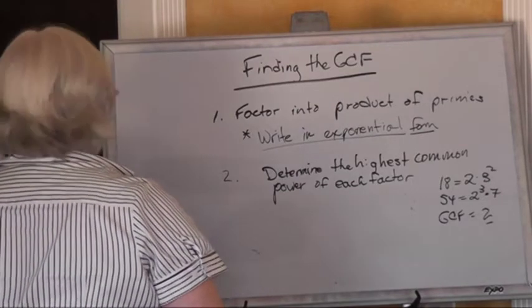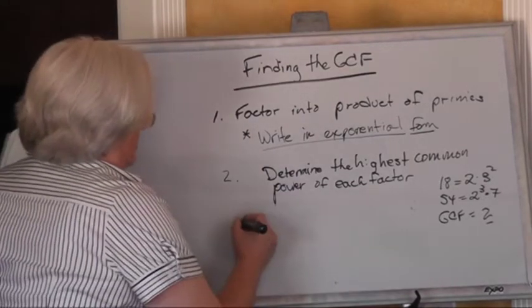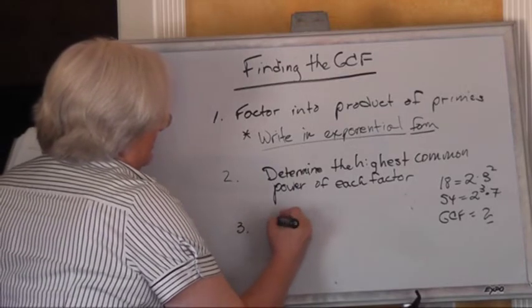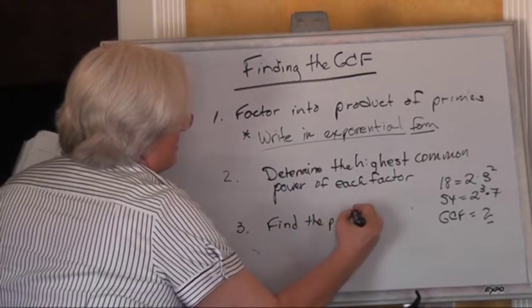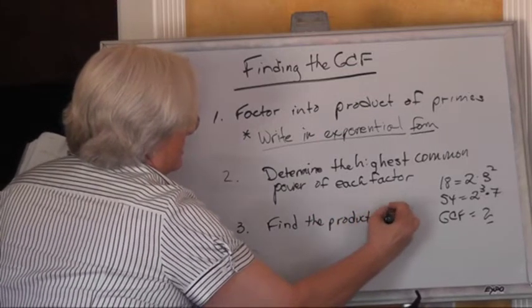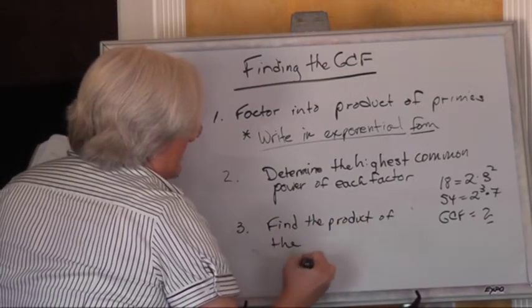Find the product of the common factors found in step 2. And this is all there is to finding the GCF.